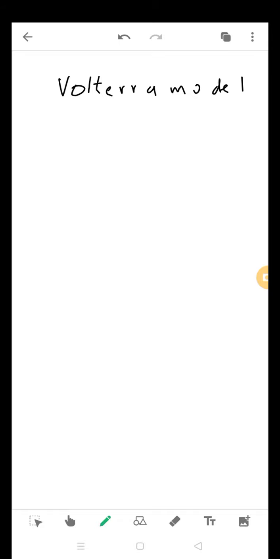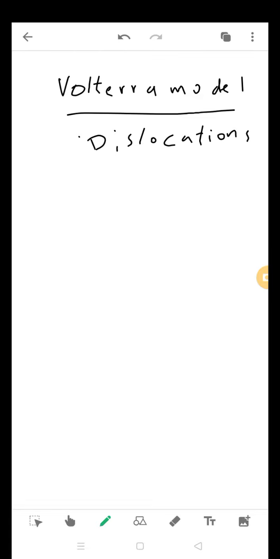Now, this model not only describes dislocation, but it also describes something called disclinations. So we have dislocations, and we also have disclinations.